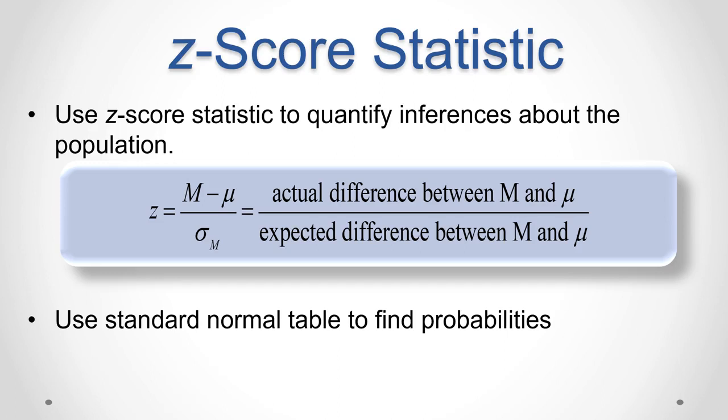The numerator measures the actual difference between sample and population mean, and the denominator measures the expected difference between sample and population mean if the null is true. Once the z-statistic is calculated, we use the standard unit normal table to find the corresponding probabilities.